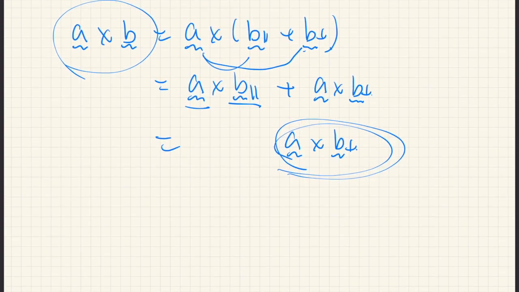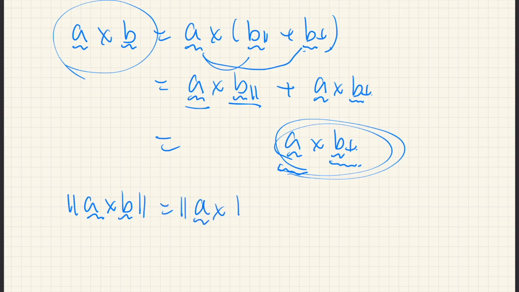Therefore, and we have already seen that A and B perpendicular are perpendicular to each other, the norm of A cross B is equal to the norm of A cross B perpendicular.